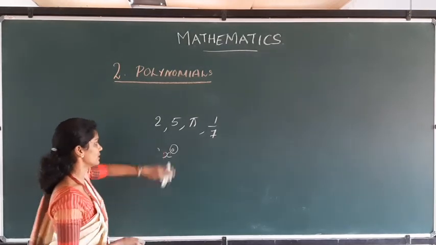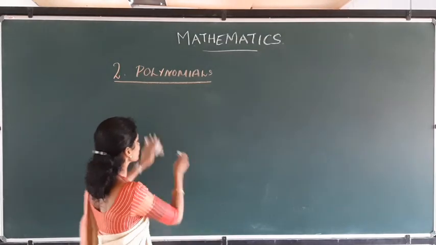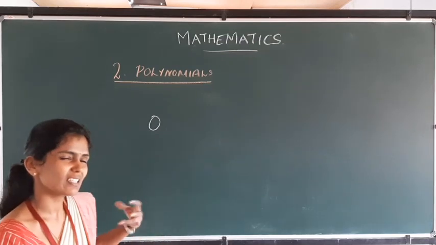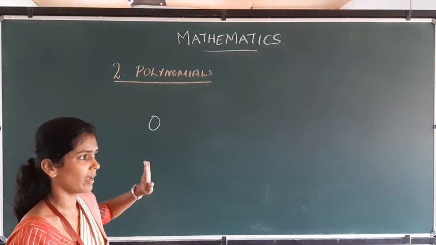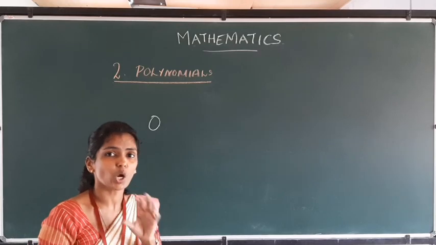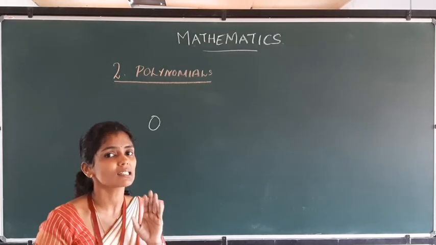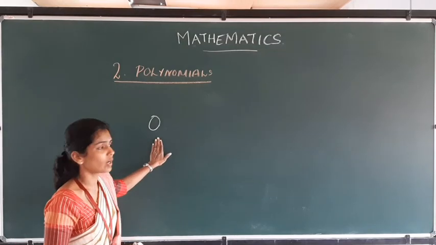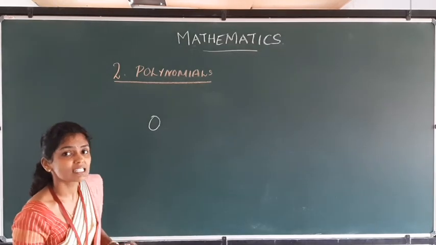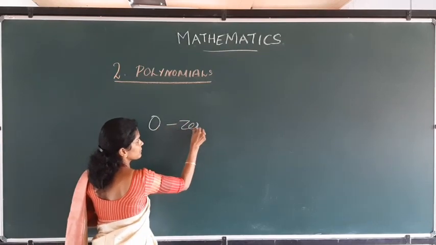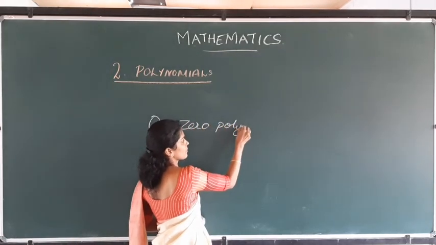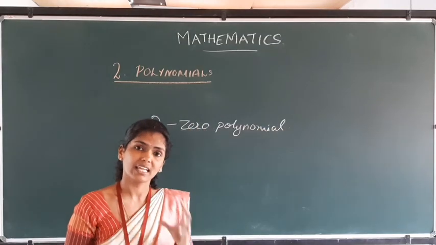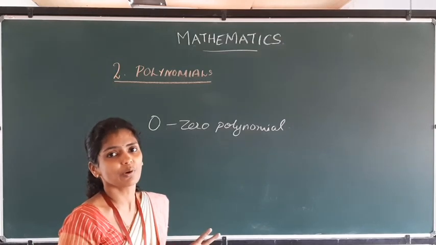Then what about 0? Is this a constant polynomial? This is a particular type of constant polynomial. Normally, we say non-zero real numbers are constant polynomials. This is 0. We call this the 0 polynomial. What is the degree of this 0 polynomial?